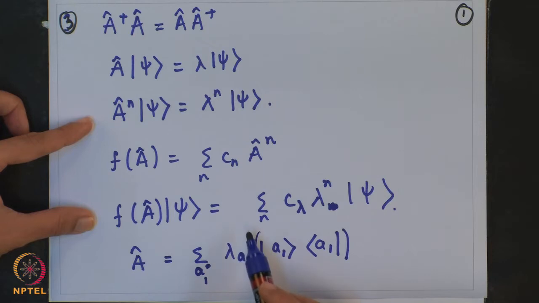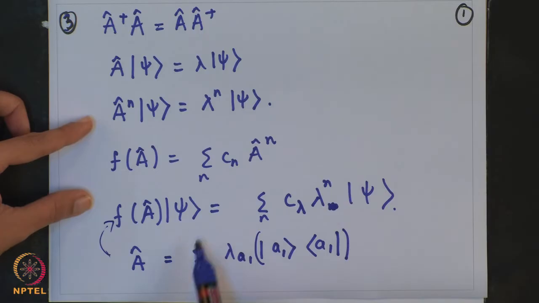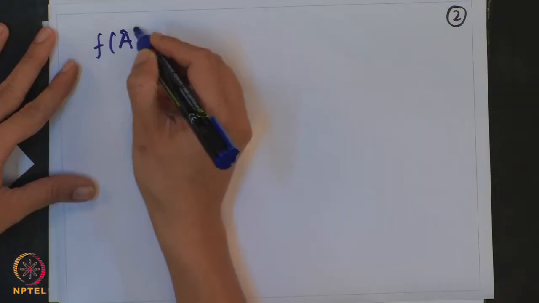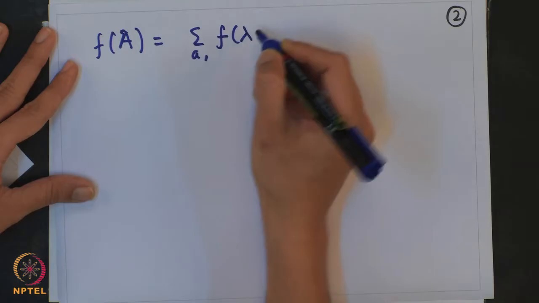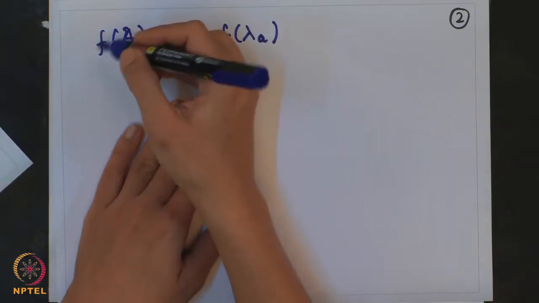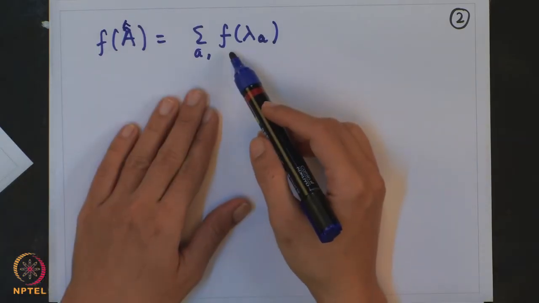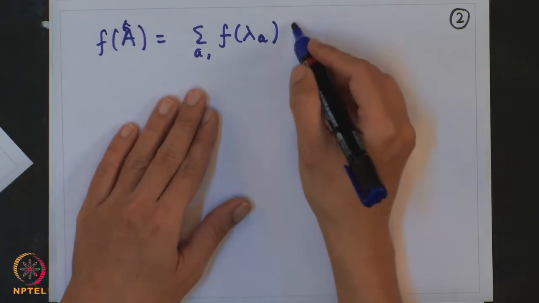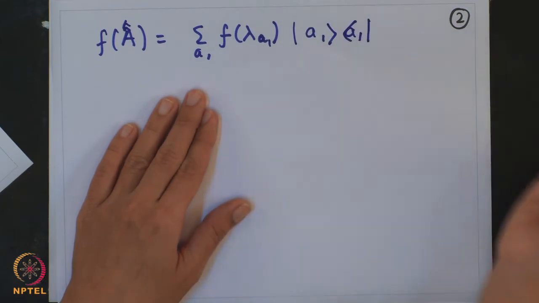So the same thing which I just demonstrated here can be easily expressed. So f of A, you can see now directly, can be expressed in terms of the function of the eigenvalue and the projection operator of this basis.